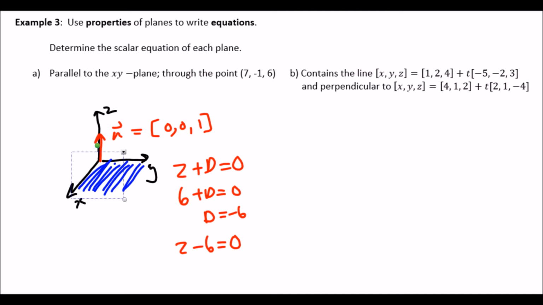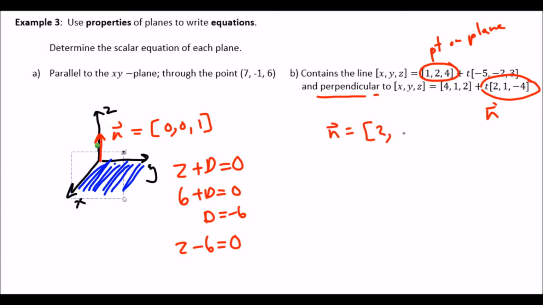All right, contains the line perpendicular to this. So if it's perpendicular, key, that means the direction vector is actually my normal. And it contains a line, so this will be a point on the plane. Again, perpendicular, got my normal. So my normal is 2, 1, negative 4.